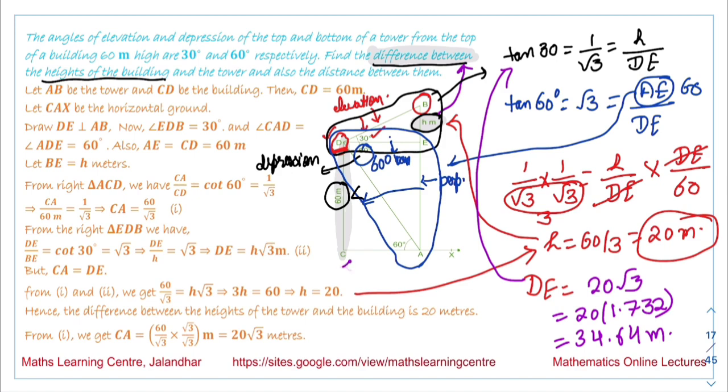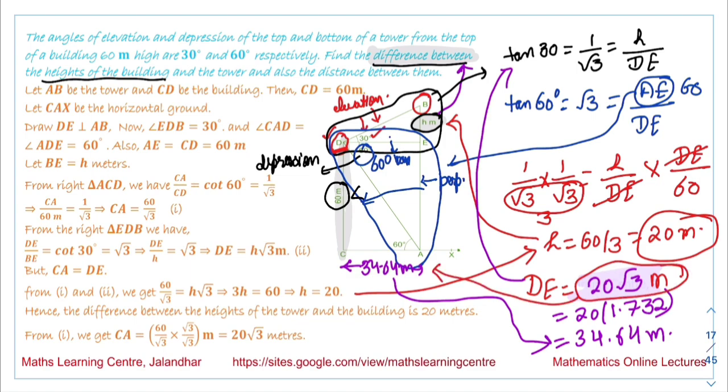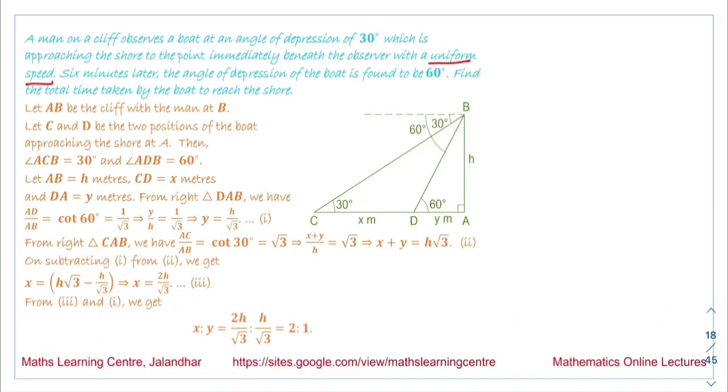So the distance between these two is 34.64 meters. The value of root 3 is not given in the question, so you can leave the answer as 20 root 3 meters, or you can use the value 1.732 and obtain the answer as 34.64 meters.